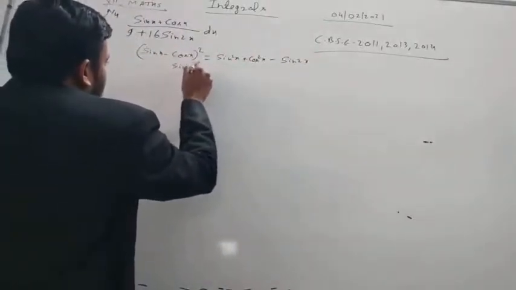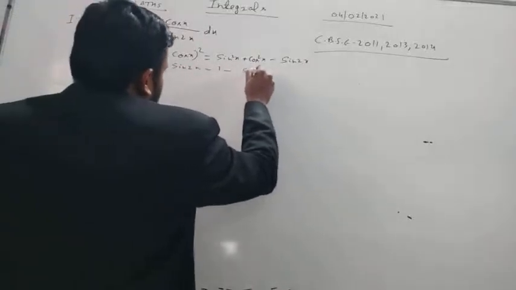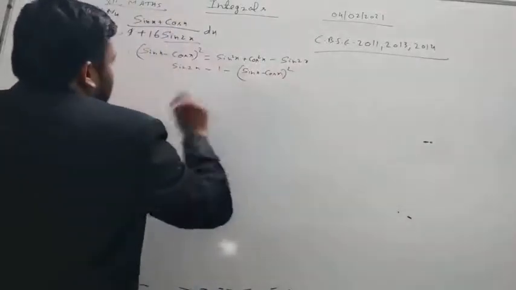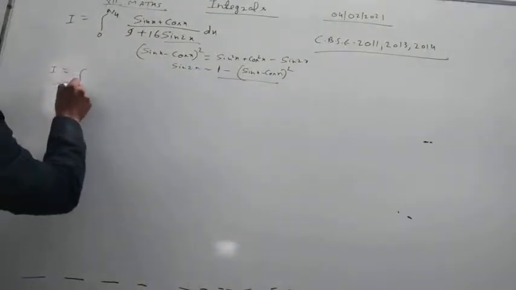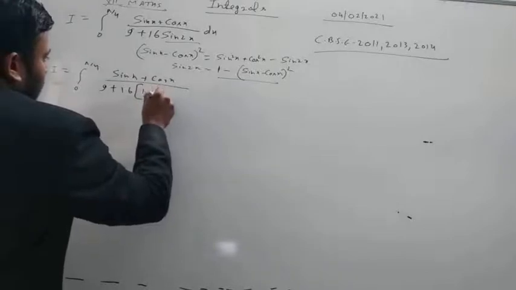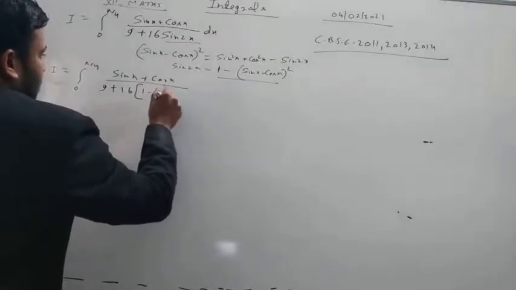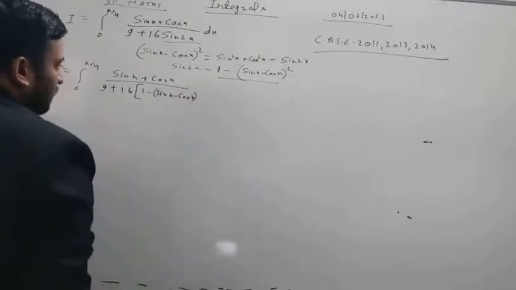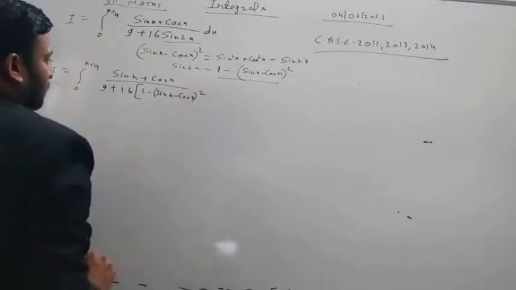So friends, at the place of this sin 2x we can write 1 minus sin x minus cos x whole square. So here we replace with this term, which is 1 minus. So we can write the integral from 0 to pi by 4 of sin x plus cos x by 9 plus 16 times 1 minus sin x minus cos x whole square. Okay, students.